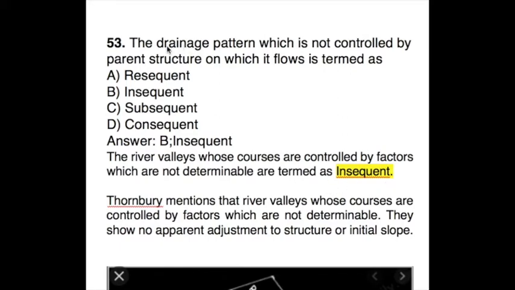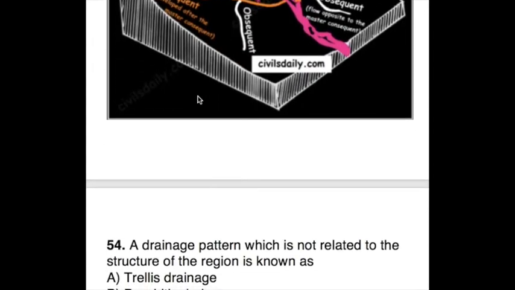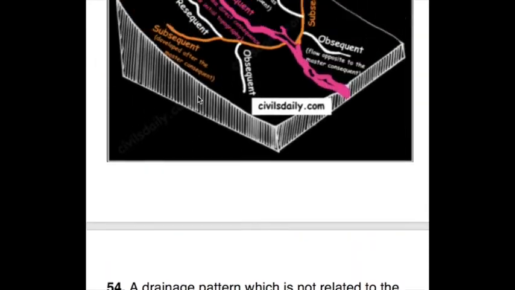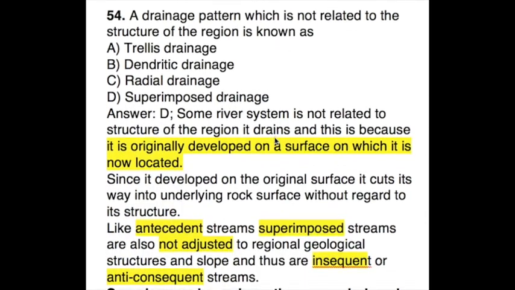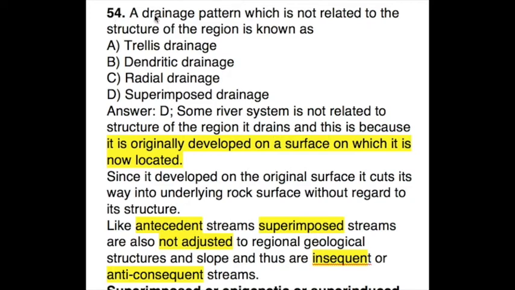So the question was, drainage pattern which is not controlled by parent structure on which it flows is termed as insequent. Now we will get clear about insequent in the next question also. Let's see the next question. A drainage pattern which is not related to a structure of the region is known as, there are four options. This is the correct answer.